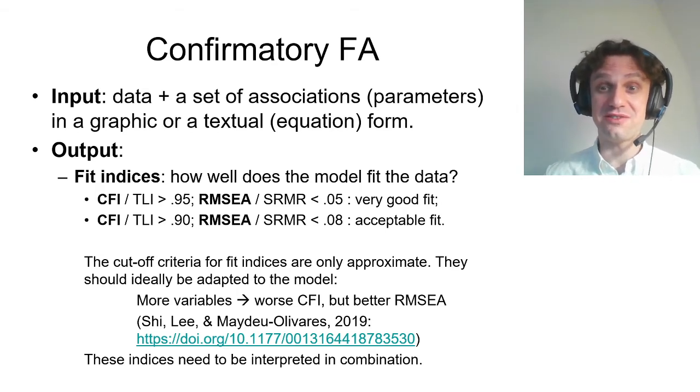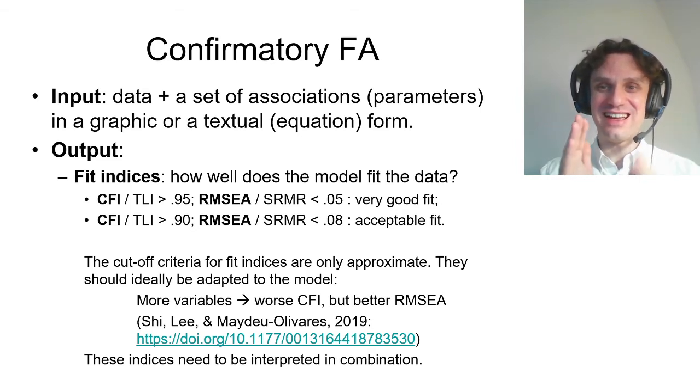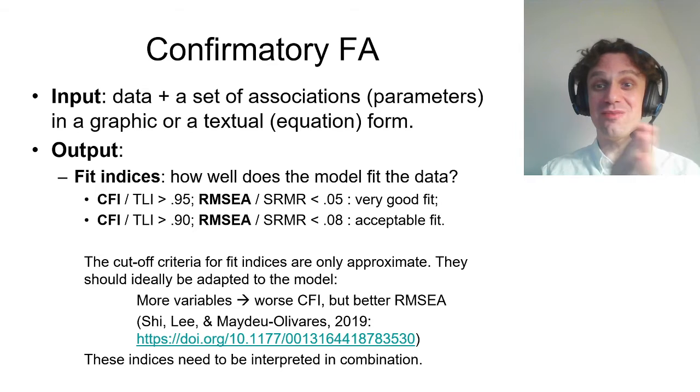CFI, comparative fit index, compares your model to a model that explains your data perfectly, and a model that explains absolutely nothing in your data. So a model that explains your data perfectly is 1, and a model that explains absolutely nothing is 0. And comparative fit index shows where your model is on this dimension.